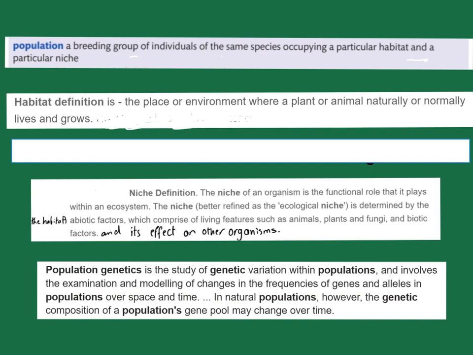In natural populations, however, the genetic composition of a population gene pool may change over time. The main characteristic of the natural population is that allele frequency, gene frequency, and population gene pool are going to change over time, generation after generation.